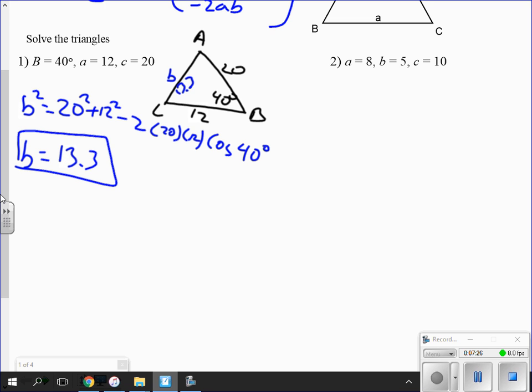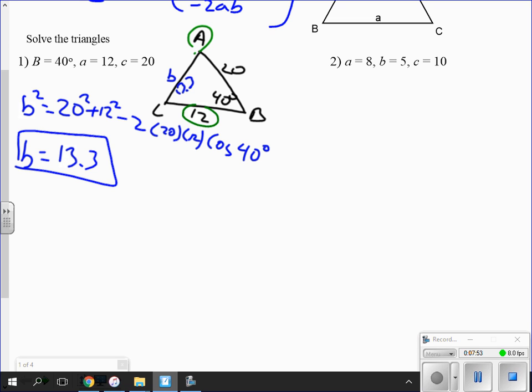I'm not terribly worried about that here, but here's what I always do. I use the law of sines to find the smaller angle. And I know which one's the smaller angle because I know which side is the smaller side. Smallest angle is opposite the smallest side. My two sides are 20 and 12. This angle is going to be smaller because this side is smaller.